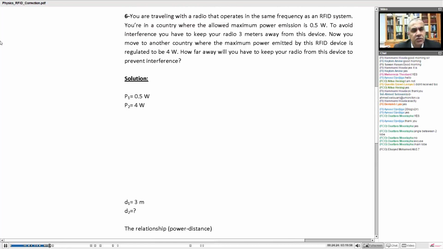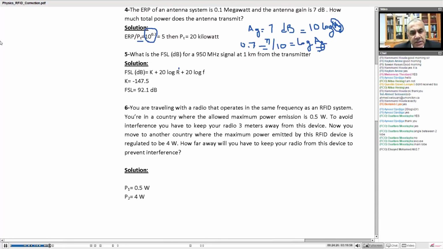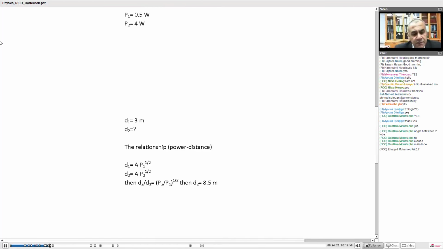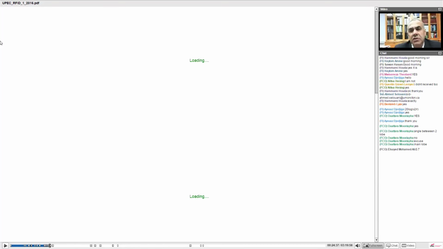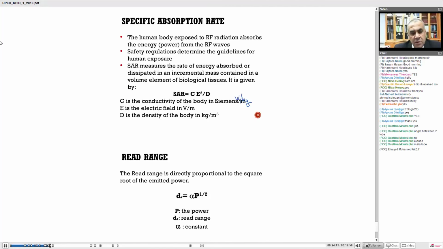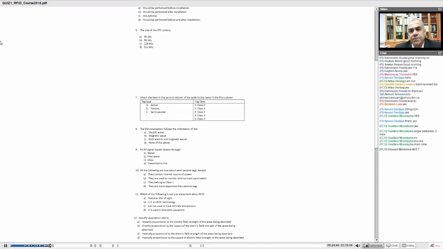So maybe I changed my notation, it's not good. So here it's D, and here it's alpha. I think we used alpha in this formula.